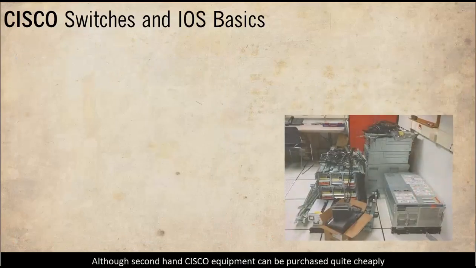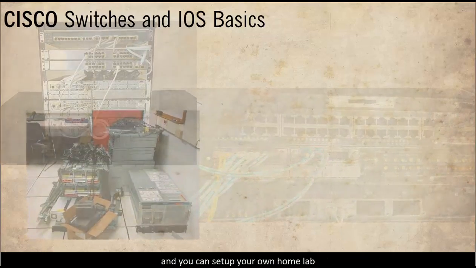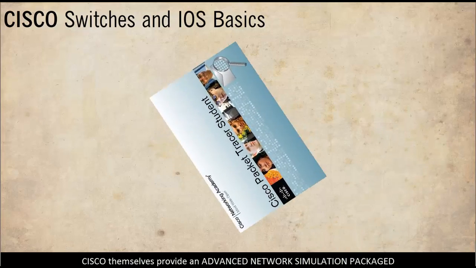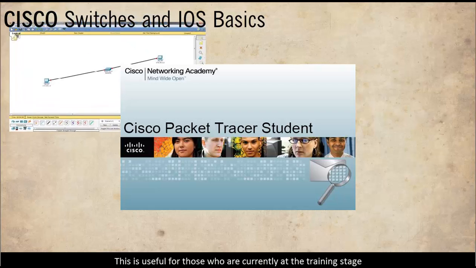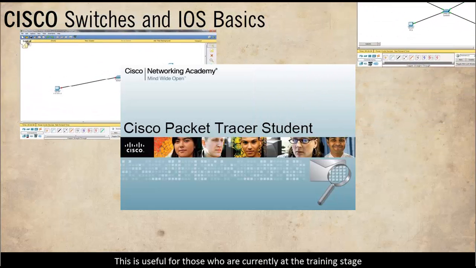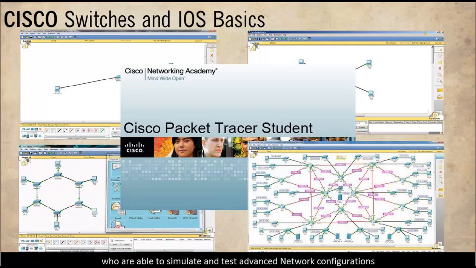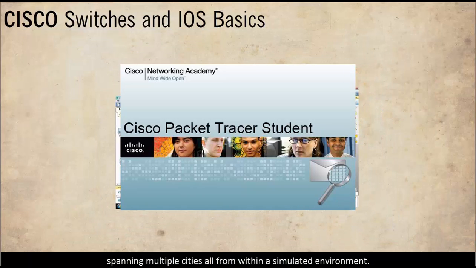Although second-hand Cisco equipment can be purchased quite cheaply and you can set up your own lab, Cisco themselves provide an advanced network simulation package called Packet Tracer. This is useful for those who are currently at the training stage and also to experienced professionals who are able to simulate and test advanced networking configurations spanning multiple cities, all from within a simulated environment.